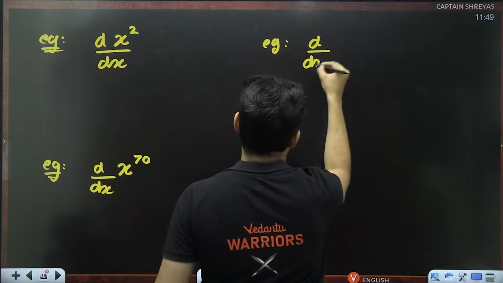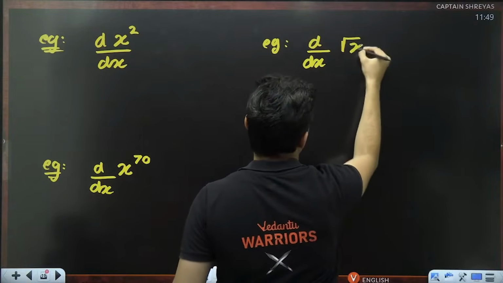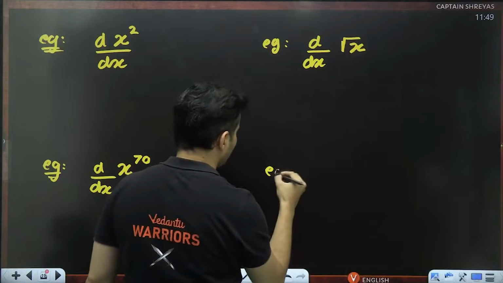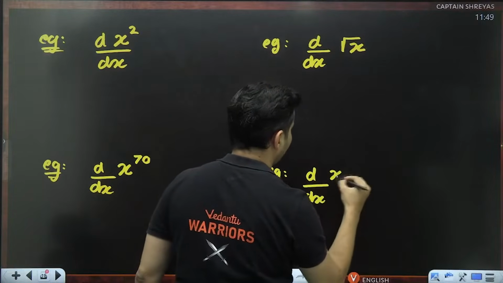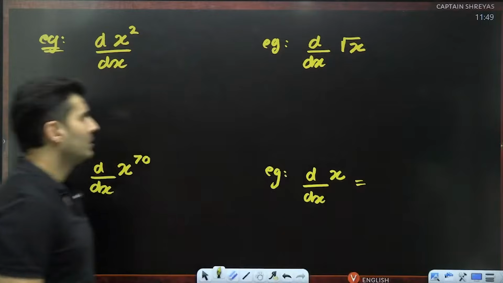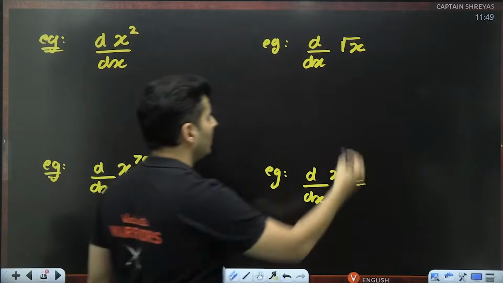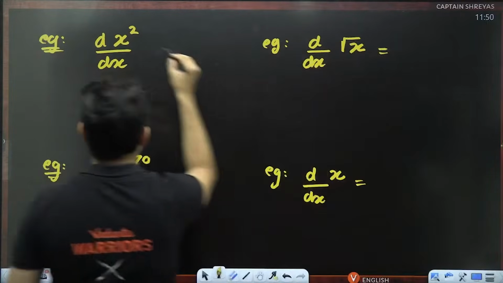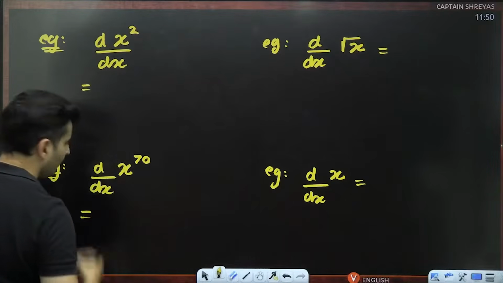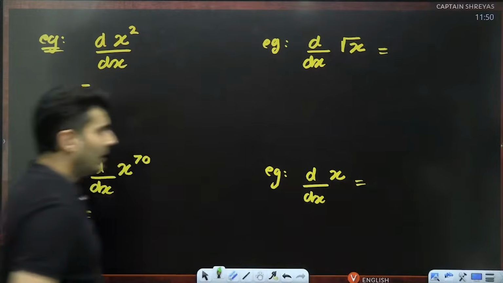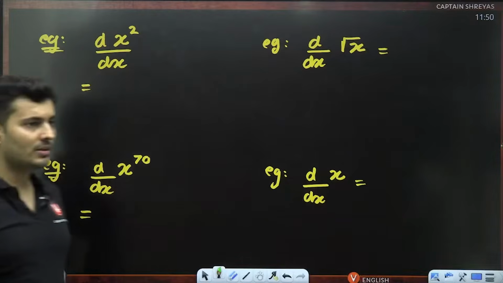Derivative of root of x is how much? Next question. Derivative of x is how much? Okay, figure this out for all these questions. Come on, my dear students, it's not that difficult. Try to solve these questions. 4 questions on your screen.